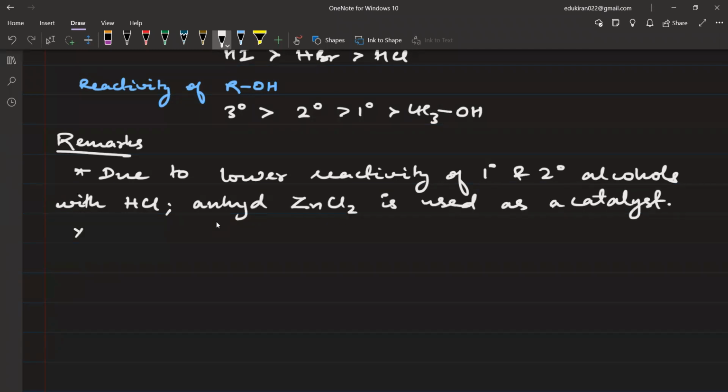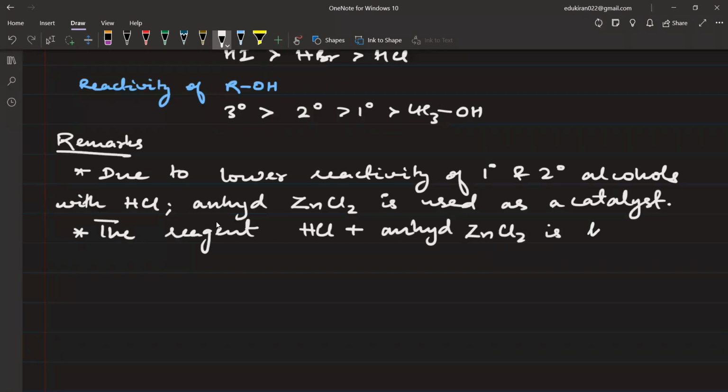Now write next. The reagent HCl plus anhydrous ZnCl2 is known as dash. You will fill in the blanks because you have already taught this.